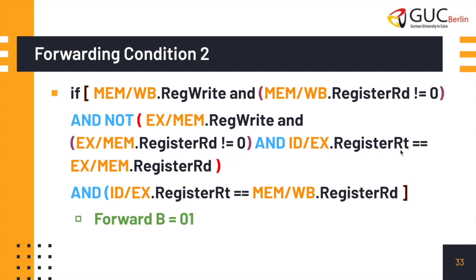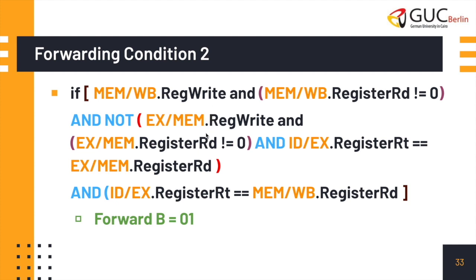On RT of n plus 2 equal to the RD of n plus 1, because if the RT of n plus 2 is equal to the RD of n plus 1, and the reg write is 1 and the destination is not register 0, therefore I do not want to what? To forward from mem slash write back. I want to forward from execute slash mem. Therefore, I need to take the most recent value, which will be present in the execute slash mem.